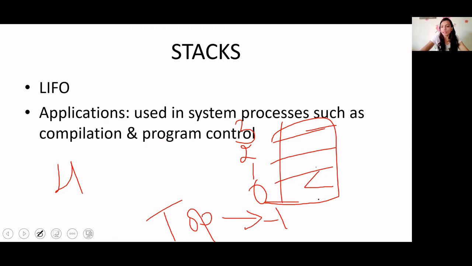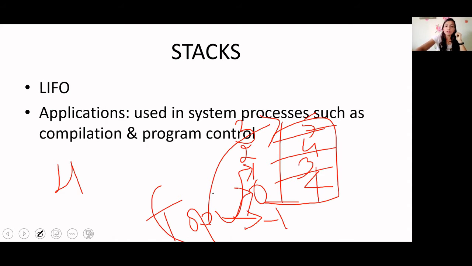Then when I insert 4, top will point here. Then I can insert some more values, maybe 3, 4. Now top will point to the last one. Getting this? So this is controlled by a variable called top. Wherever you're inserting, top has to be incremented and the value has to be inserted.